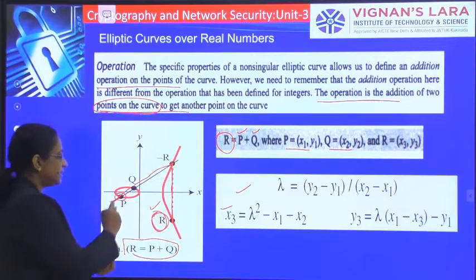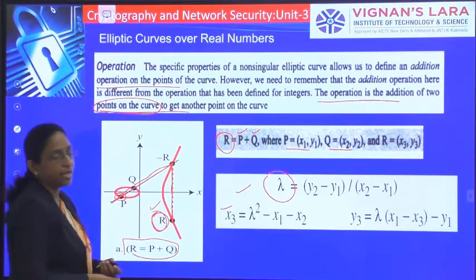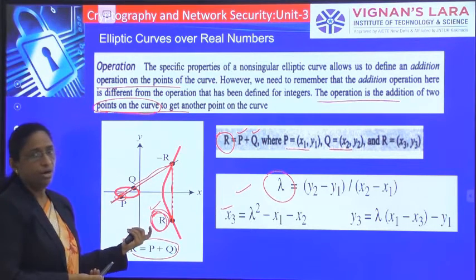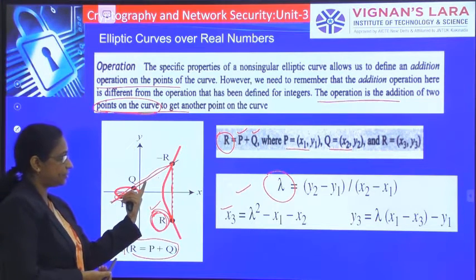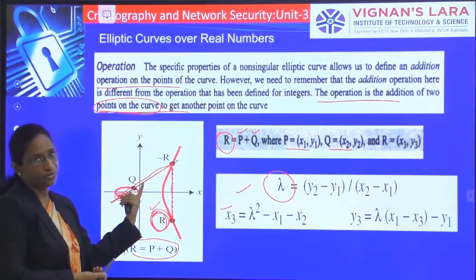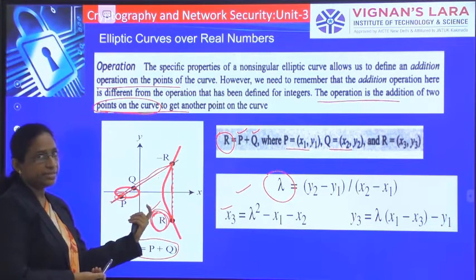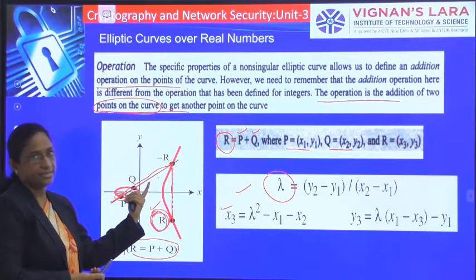Since this is a tangent line, we will be calculating the slope of this line. To get this R value, first we have to calculate the slope for this tangent line.